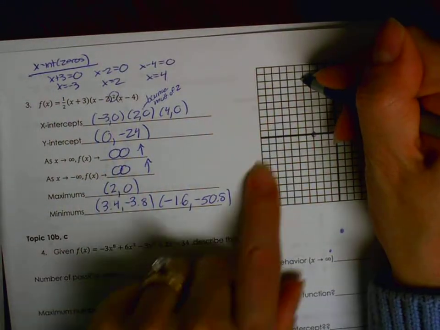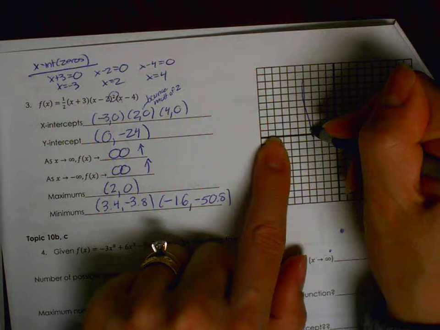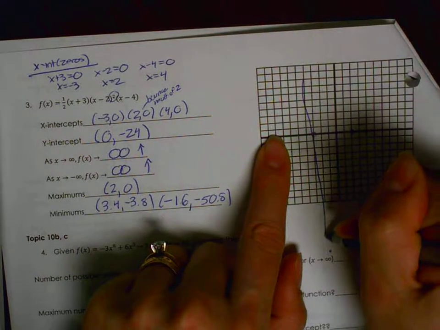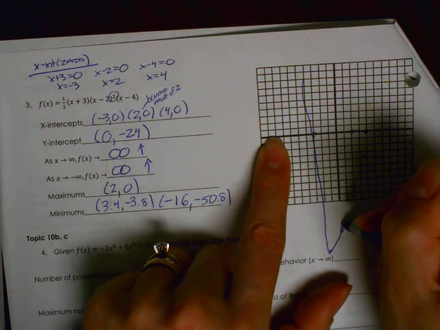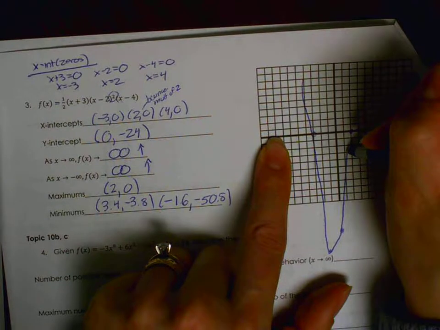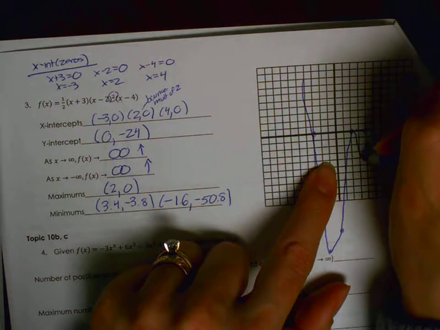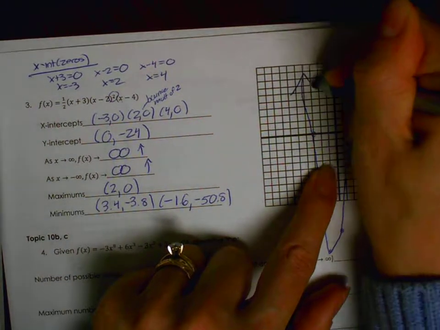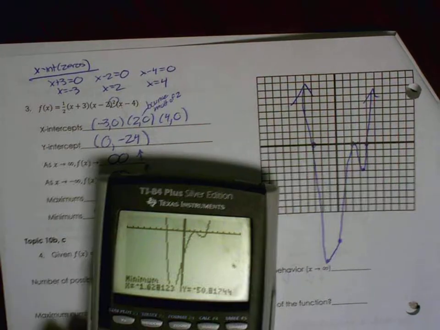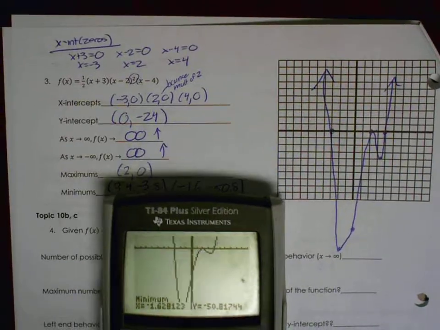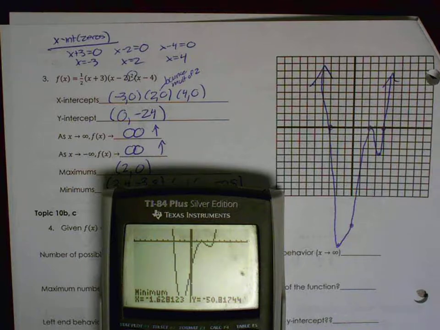So I'm going to be coming down from here, going down, down, down, down here, then to my y-intercept, up to this x where it bounces, goes back down and back up. And you can see that kind of looks like my calculator graph. Always check these on your calculator. There's no reason not to when you have a calculator.